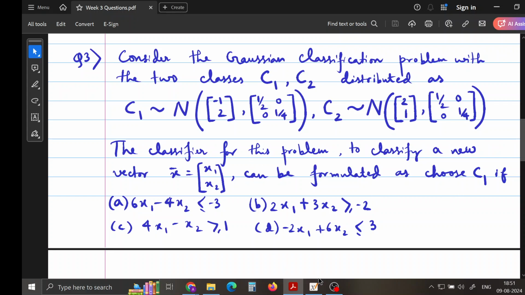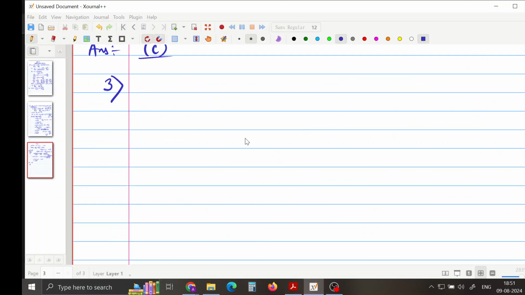Okay, all right. So what are the given classes here? So the first class, which is class 1, is denoted by C1, and it has a normal distribution or a Gaussian distribution.